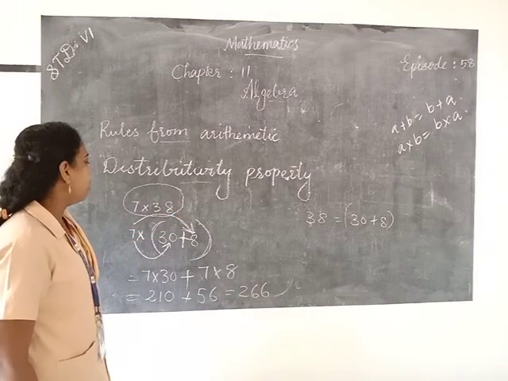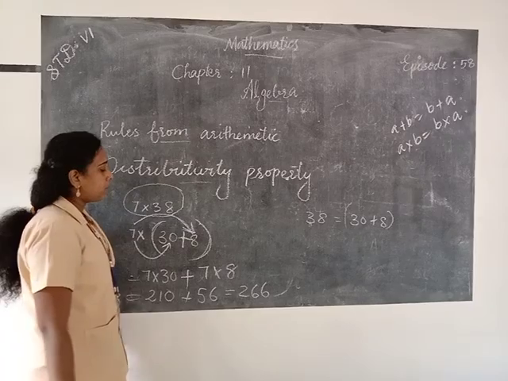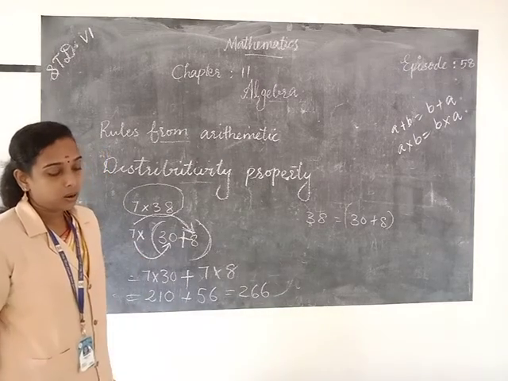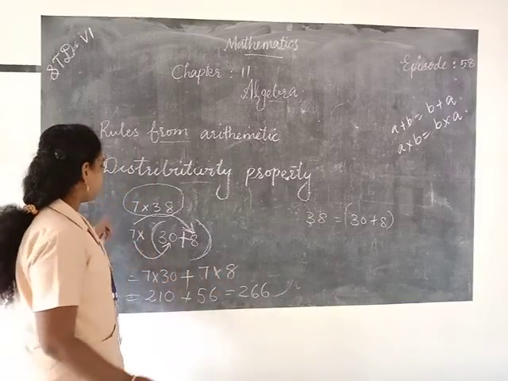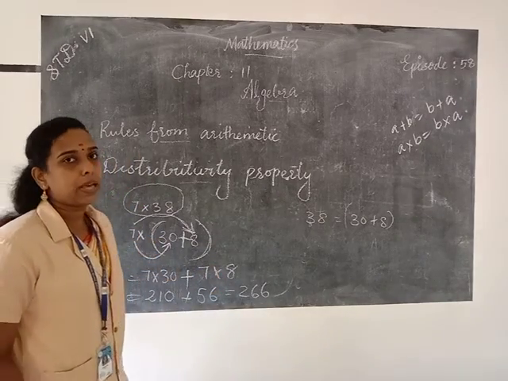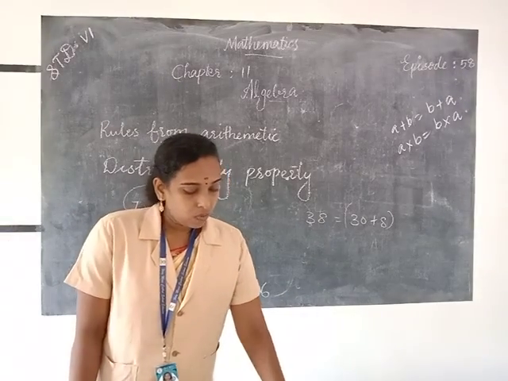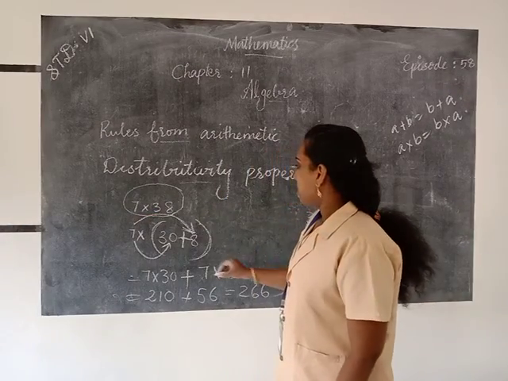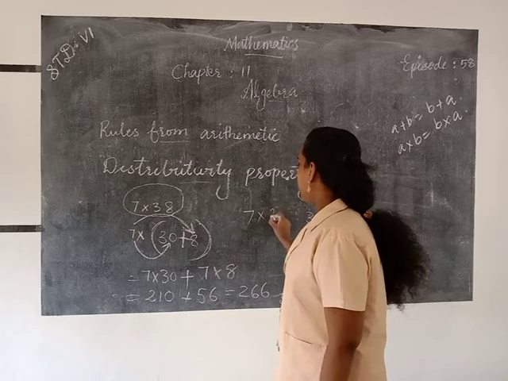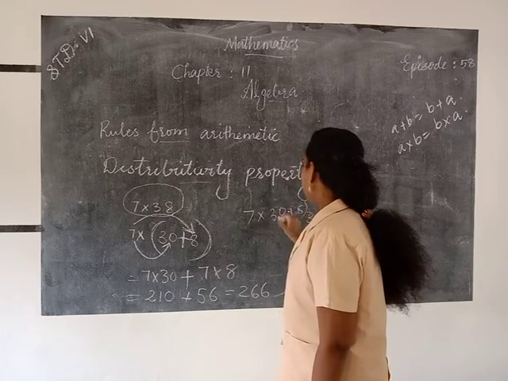So here we use variables to express the properties, that is 7 into 30 plus 8.